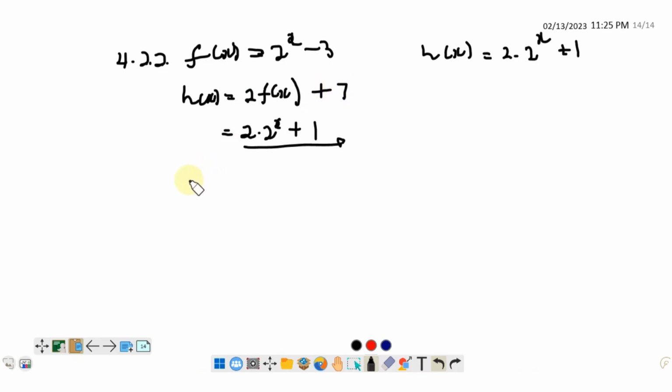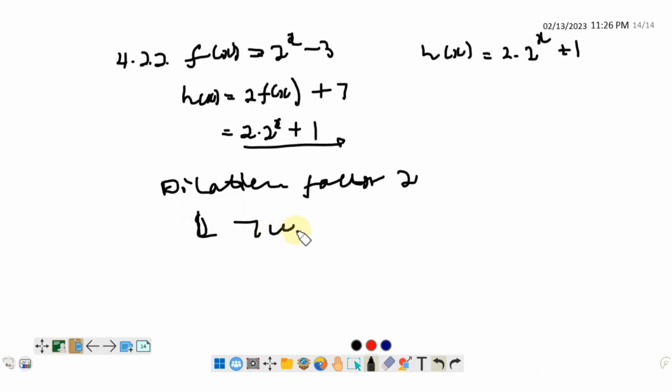So this is the same as saying dilation factor 2 and 7 units up.